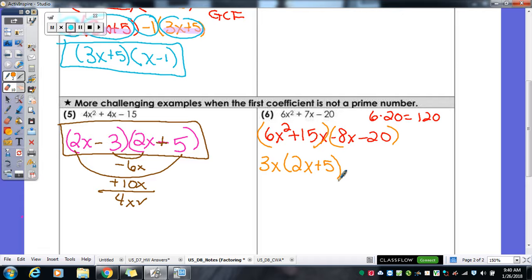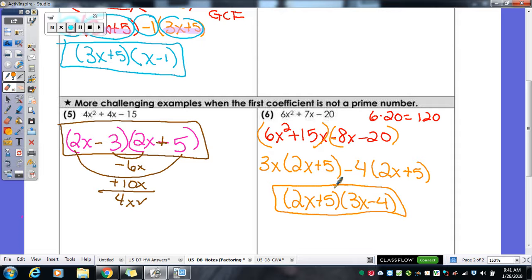Not just 4. Negative 4. Then we get 2x plus 5. So our parentheses match. So that's 2x plus 5, and then 3x minus 4. And that's your final answer for that one.